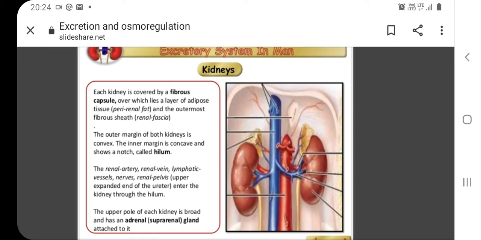Renal artery and renal vein, lymphatic vessels, nerves, and renal pelvis enter the kidney through the hilum. The upper pole of each kidney is broad and has the adrenal, also known as suprarenal gland, attached to it.